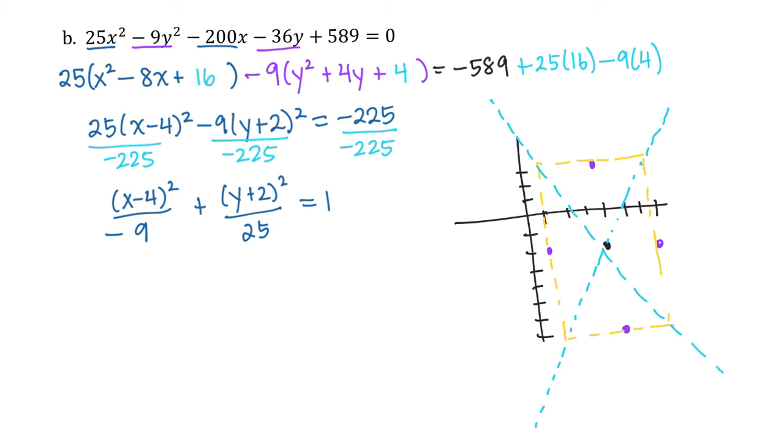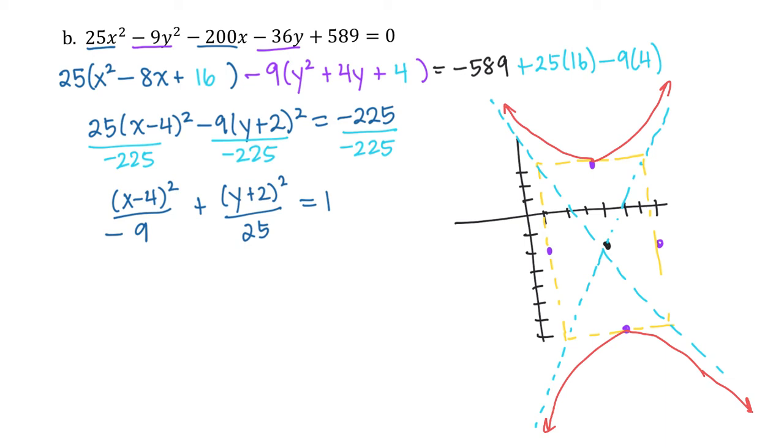I'm a little crooked. Okay. Let me see. This is opening in the y direction because this is the positive term. Make sure your hyperbola is approaching the asymptotes, not curving inward or doing weird things.